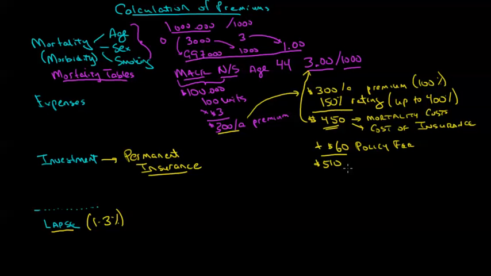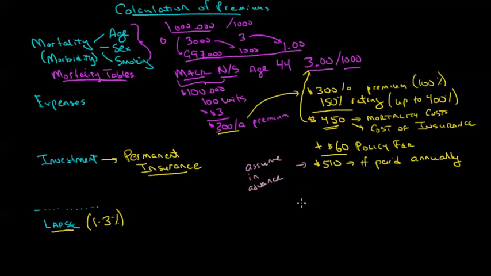Now this is what your premium would be if you paid annually. But it's actually pretty rare for somebody to pay their insurance premiums annually, as with a lot of costs, we might choose to pay this premium monthly. And what happens then is it's assumed that you paid this $510 in advance. So we assume this is paid in advance at the beginning of the year.